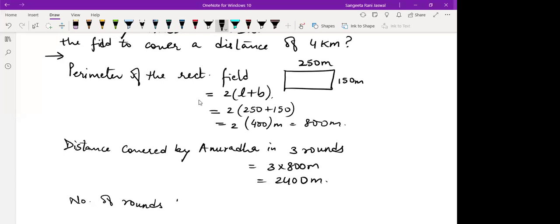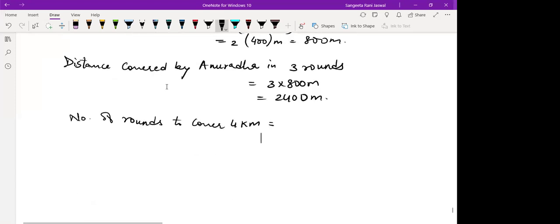So you need to divide 4 kilometers, which is 400 meters, by the perimeter, 800 meters. Okay, now see. Yes, that's correct, beta, but not 400. It's 4,000, because this is 4 kilometers.